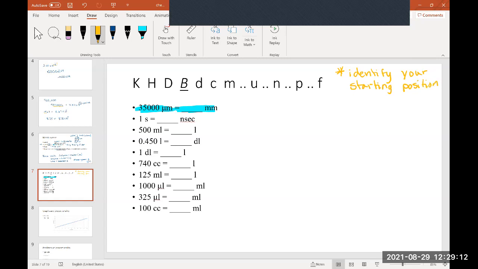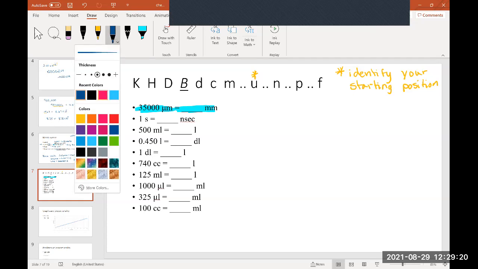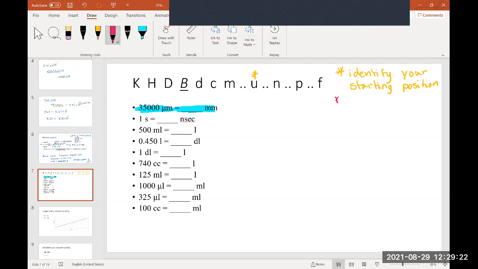So we want to start from micro. Here's our starting position. Next step, identify your ending position. By position, I mean where you would be on the King Henry slider.